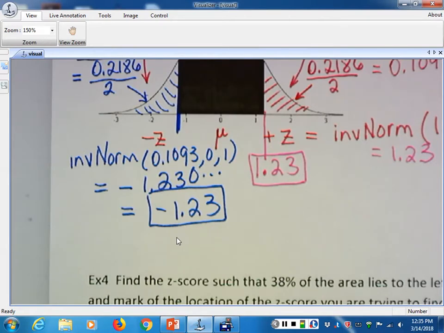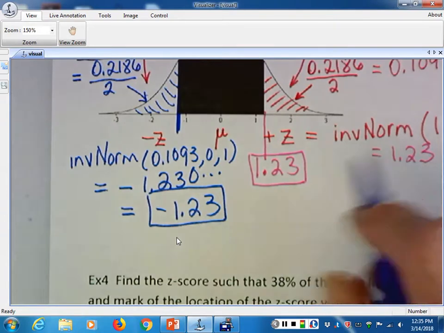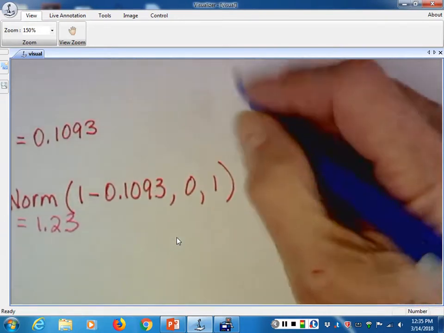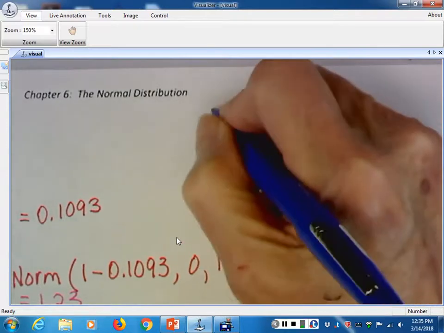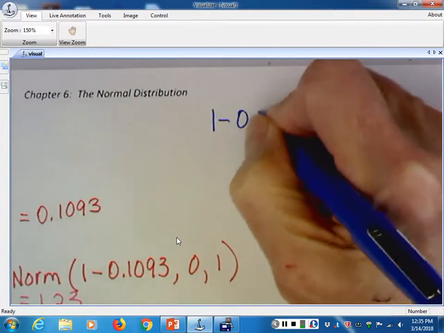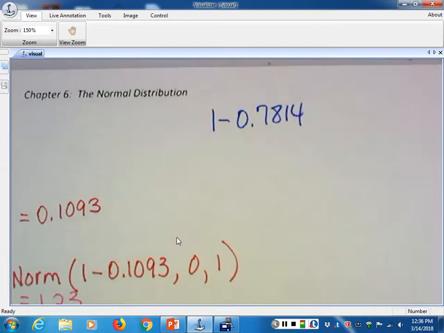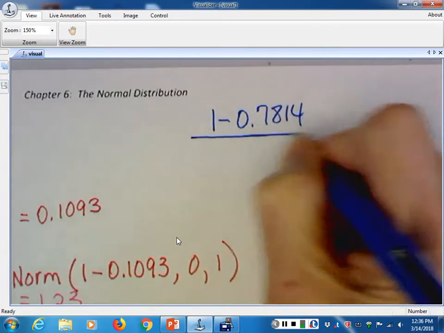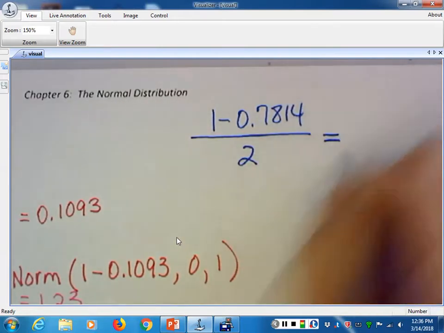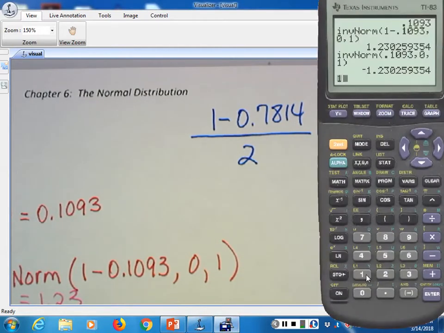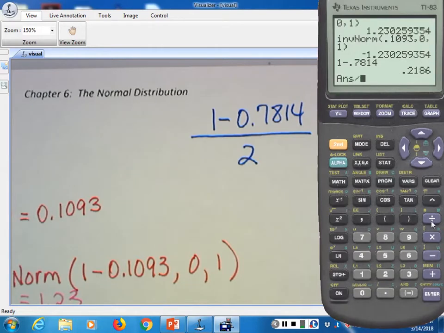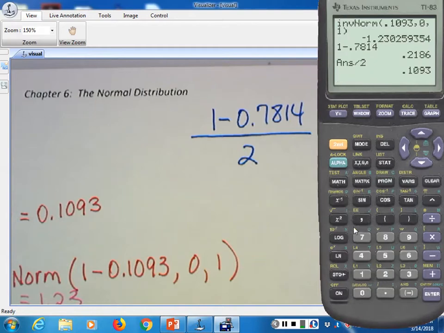So what I could have just as easily done was simply look at that picture and say, okay, I have 1 minus the area between, divided by 2 is 0.1093.